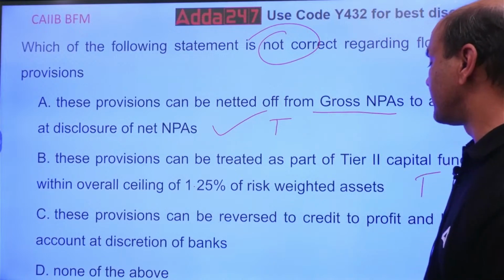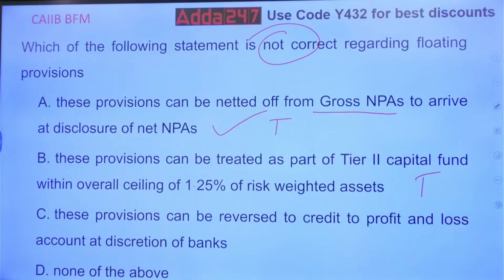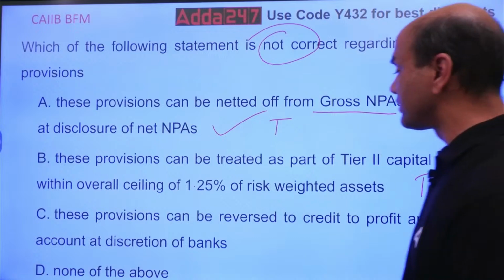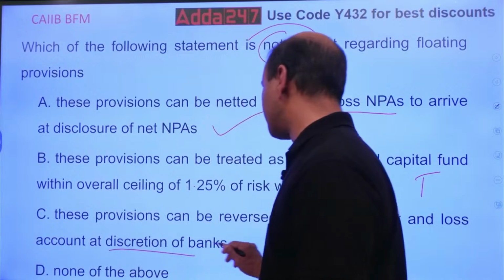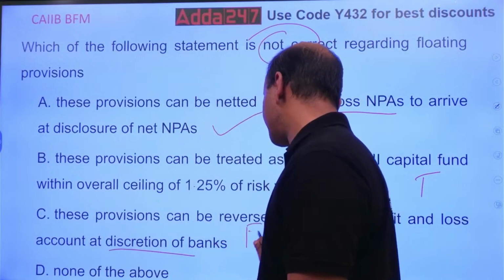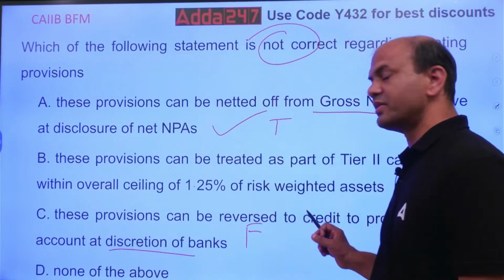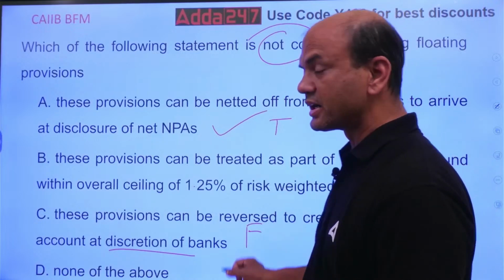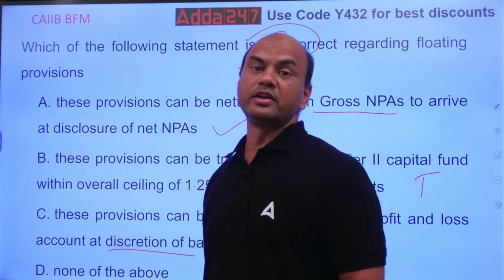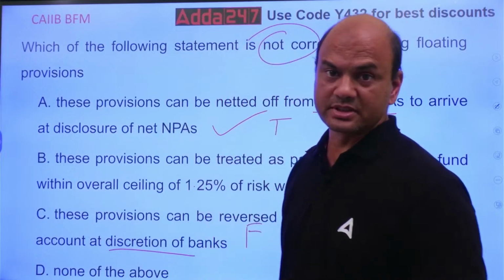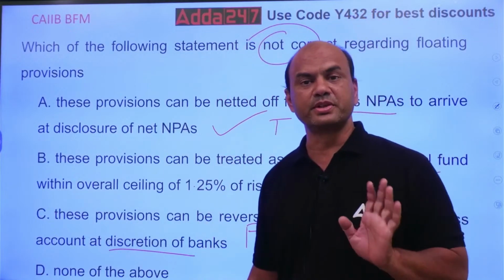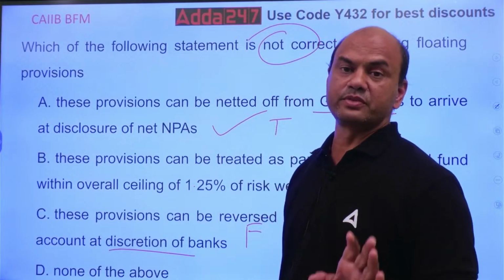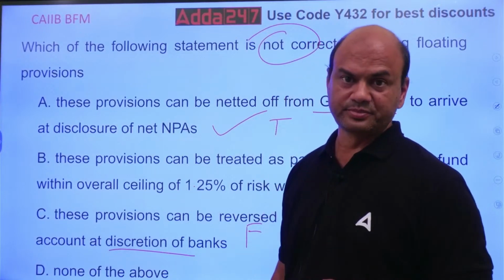These provisions can be reversed to credit to P&L account at the discretion of the bank. This is false, because these cannot be reversed at the discretion of the bank. What is a floating provision basically? The provisions which we make for the loans.